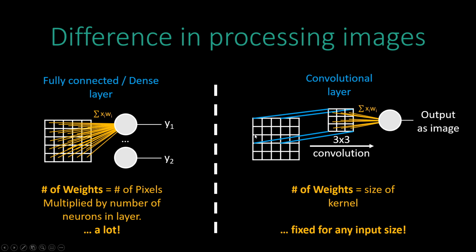It is fixed for any input size. This is maybe one of the largest important differences, that the number of weights that we have when using convolutional layers is much lower.